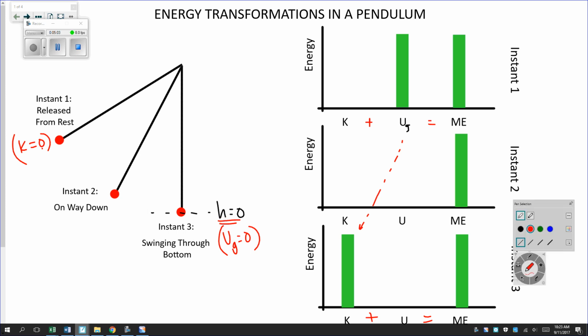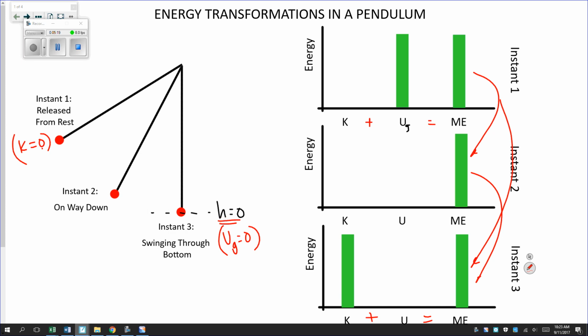But the big takeaway is that no matter where you call height 0, this energy and this energy and this energy, or any of these mechanical energies compared to each other, have to always be the same. We've got to qualify that, but the big deal here is that mechanical energy is constant.